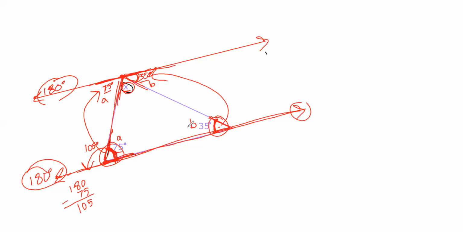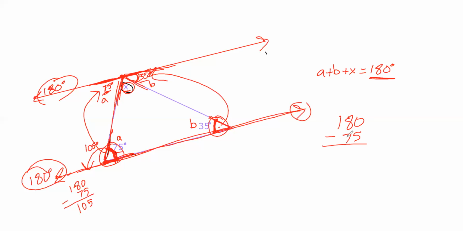This gives us an equation: A plus B plus X equals 180 degrees, because the interior angles of a triangle always add up to 180 degrees. So we can do some simple math here. We take the 180-degree straight line, and subtract our first angle, 75.